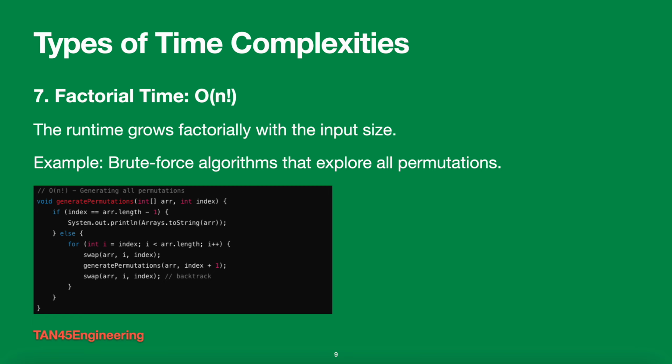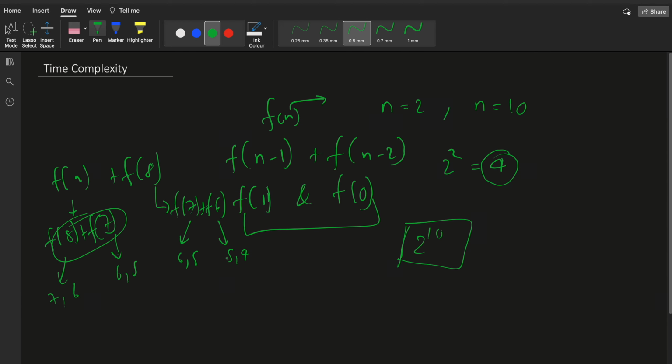In this case also, we have to generate permutations, right? We'll generate the permutations, but we call this generate permutation method again with an increased index. So when we say f of n factorial, we mean it depends on f of n plus f of n minus 1 plus f of n minus 2, and so on until n reaches 0.